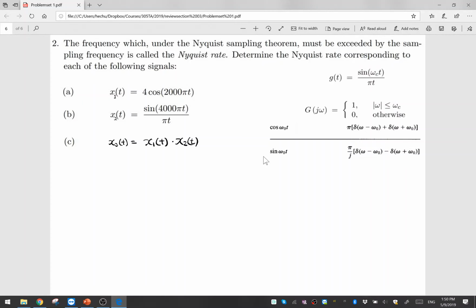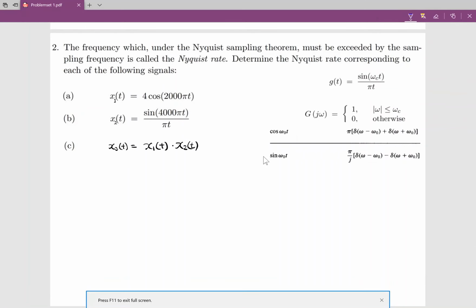Okay, so first let's do A. By checking the table here, I got the Fourier transformation of cosine is like this. Can you see it clearly? This is pi times delta(omega minus omega 0) plus delta(omega plus omega 0).